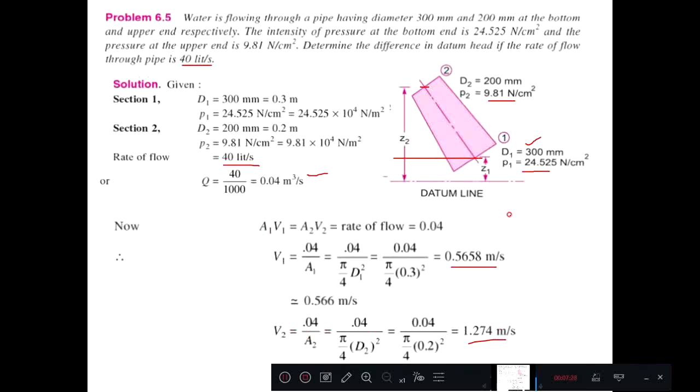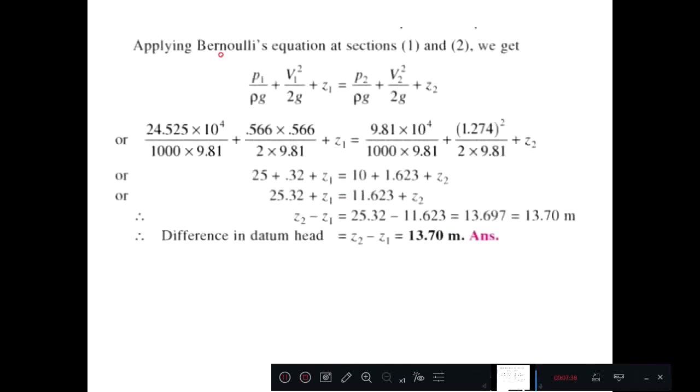So we know V1 and V2, and the pressures are also given in the problem. So let us apply Bernoulli's equation at sections 1 and 2, that is, energy at 1 is equal to energy at 2.